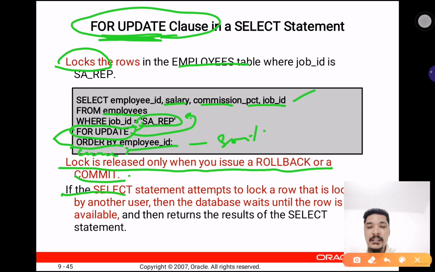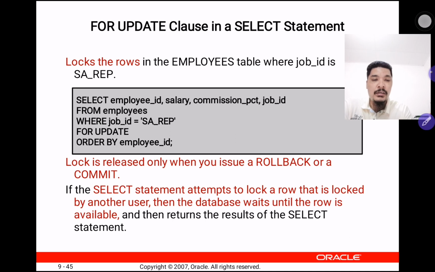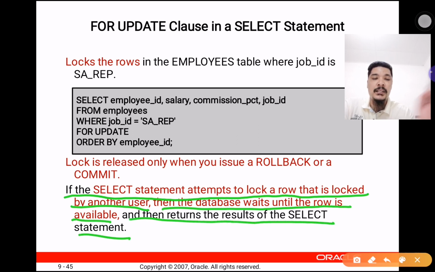If the select statement attempts to lock a row that is locked by another user, the database waits until the row is available and then returns the result of the select statement. So this is like a transaction also.